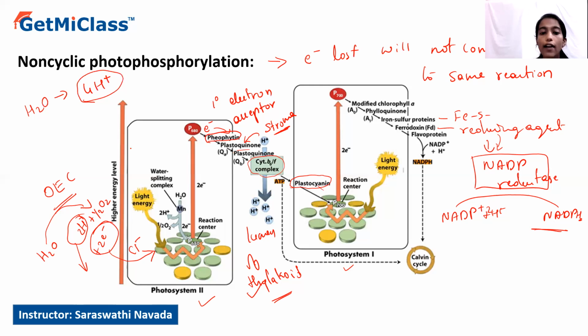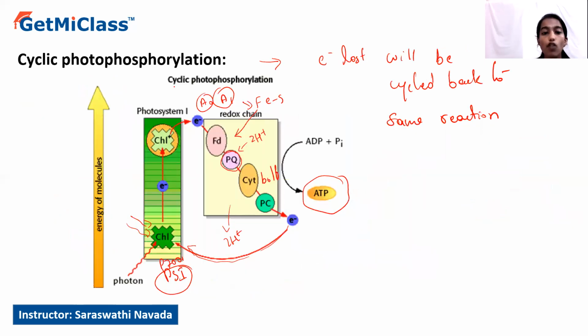Totally 4 hydrogen ions will be added to the lumen of thylakoid for splitting of 1 molecule of water. Whereas in case of cyclic photophosphorylation, for a molecule of water, only 2 hydrogen ions will be added to the lumen of the thylakoid.